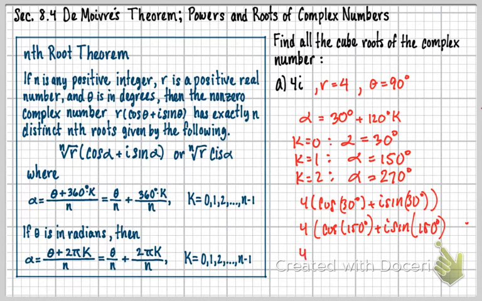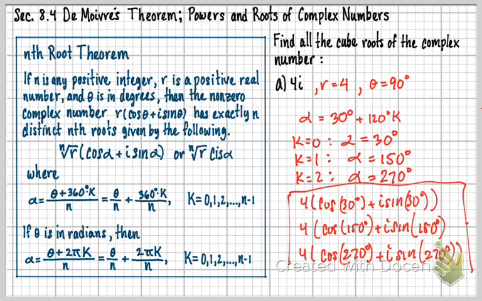And the last one is going to be 4(cosine 270 degrees plus i sine 270 degrees). So those are our three answers. It said find them all, and we're looking for the cube root, so that means there's going to be 3 of them, and that's what we see.